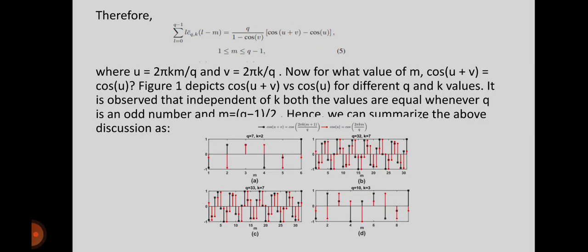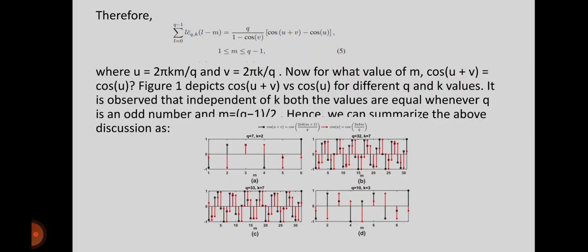Here the figure 1 depicts cos u plus v versus cos u for the different q and k values. It is observed that independent of k, both the values are equal whenever q is an odd number and m is equal to q minus 1 by 2.